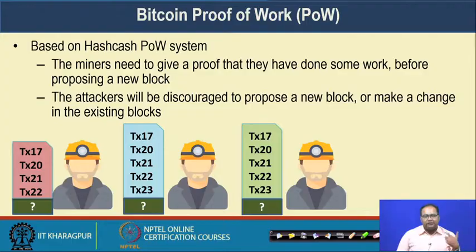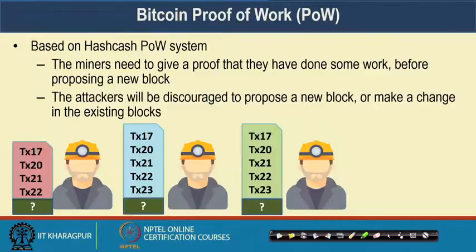If they can successfully complete that work, then they are able to submit that block as a part of the existing longest chain of the blockchain. Attackers are in general discouraged from proposing a new block or making a change in an existing block, because they have to redo the entire work of the blockchain, which is computationally difficult in a generic environment.